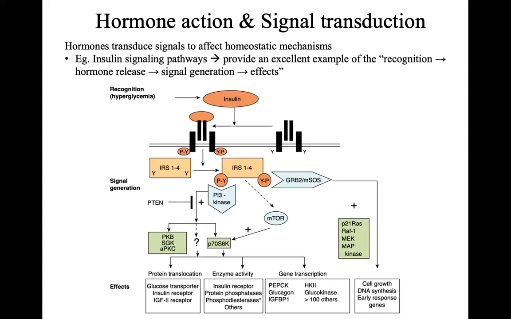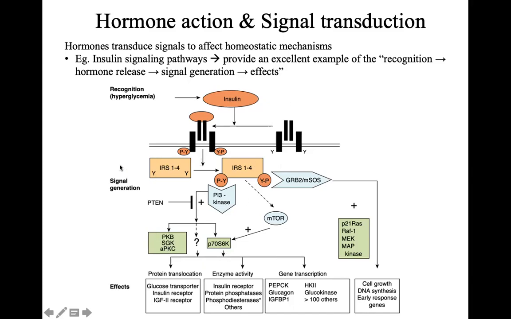So in this example, insulin will bind to the insulin receptor, and after that, they will generate the signal. This is quite complicated at your stage, but just to illustrate, there are lots of proteins, lots of factors, and lots of supporting molecules that help the transduction of the signal before they can give effect to the cell.